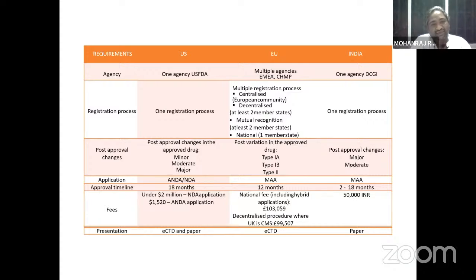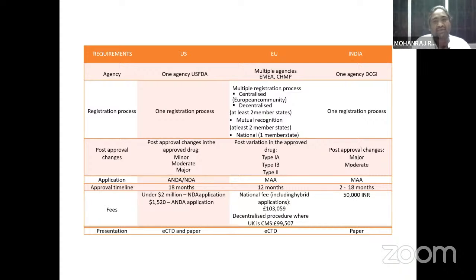But in European Union, we have multiple registrations like centralized, decentralized, mutual recognition, and national. And as far as the application is concerned, in US it is NDA. In Europe and India, we have MA, and the approval timeline is 18 months minimum in US, 12 to 18 months in India.